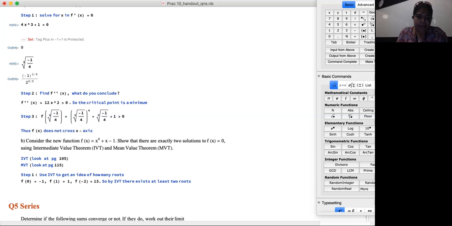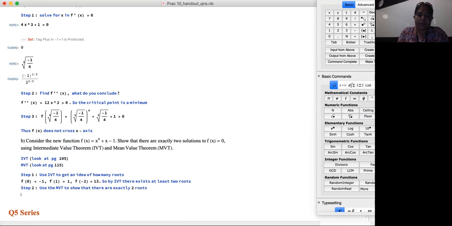Now use the mean value theorem to show that there are exactly 2 roots. How would you do that?